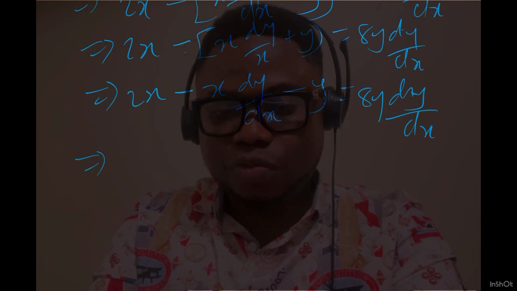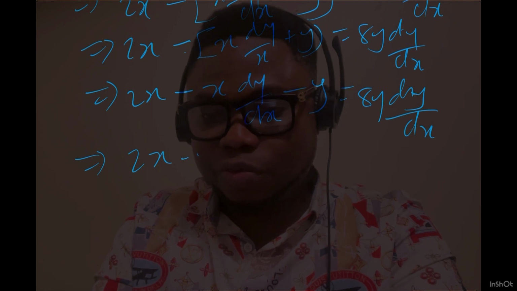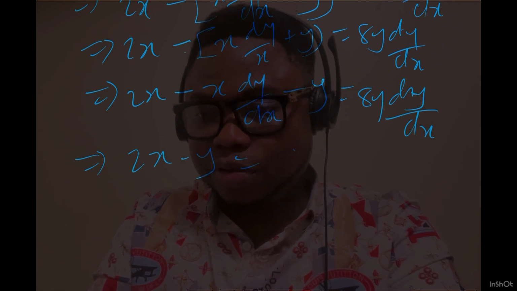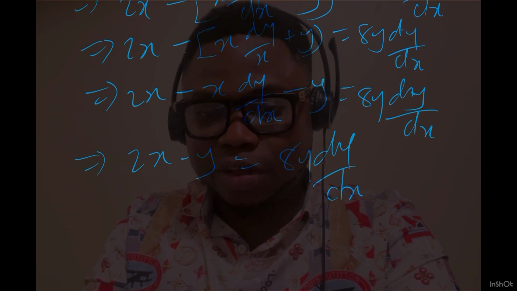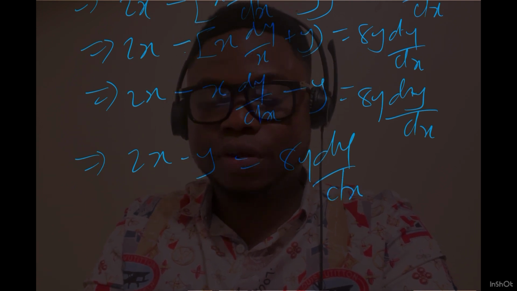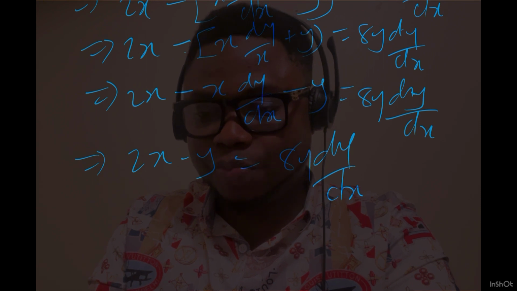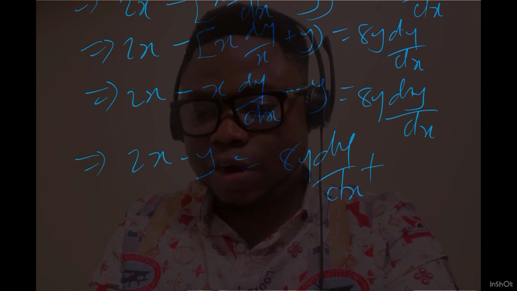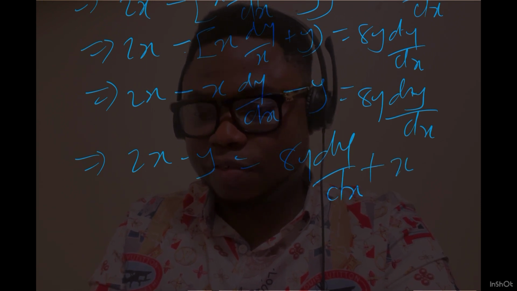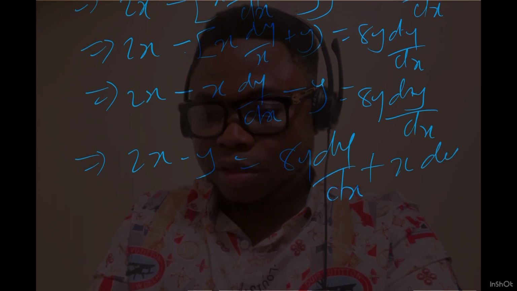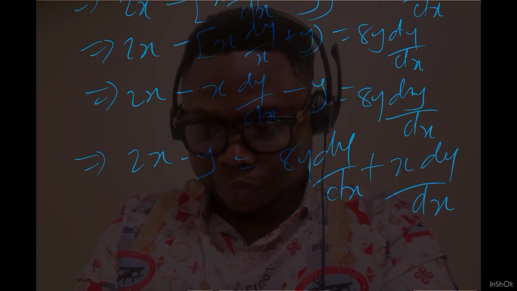So this is going to be 2x minus y is equal to 8y dy over dx. So this is plus sign here, minus x dy over dx. So it's going to be plus x. On the right hand side, it's going to be plus x dy over dx.